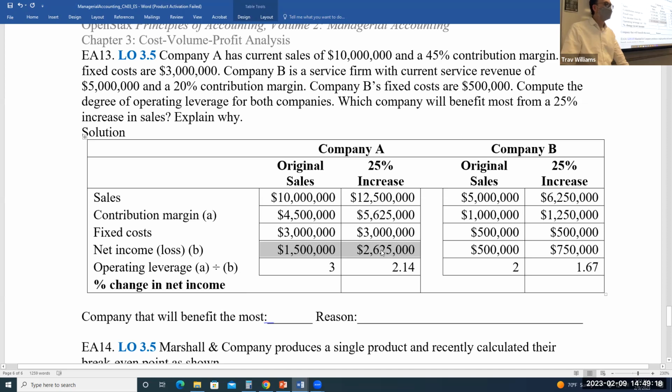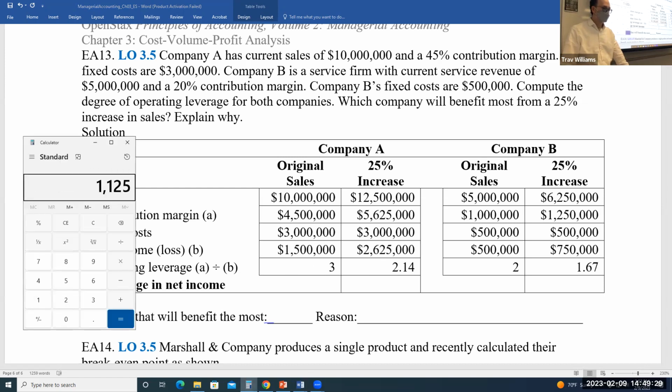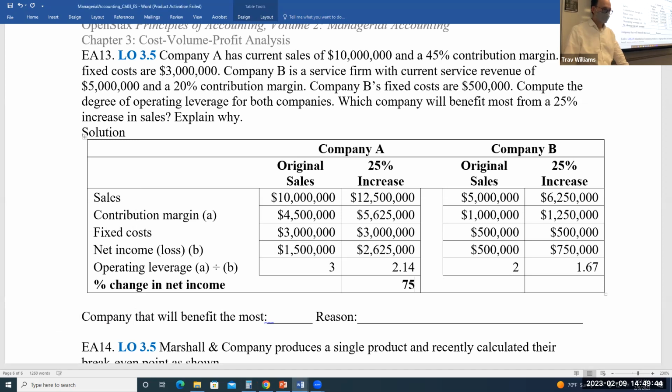And if we take that increase of 1,125,000 and we divide it by the original net income, our net income increased by 75%. So I took the difference between these two, right? How much the net income went up, divided it by the original net income, and that gave us a 75% increase.